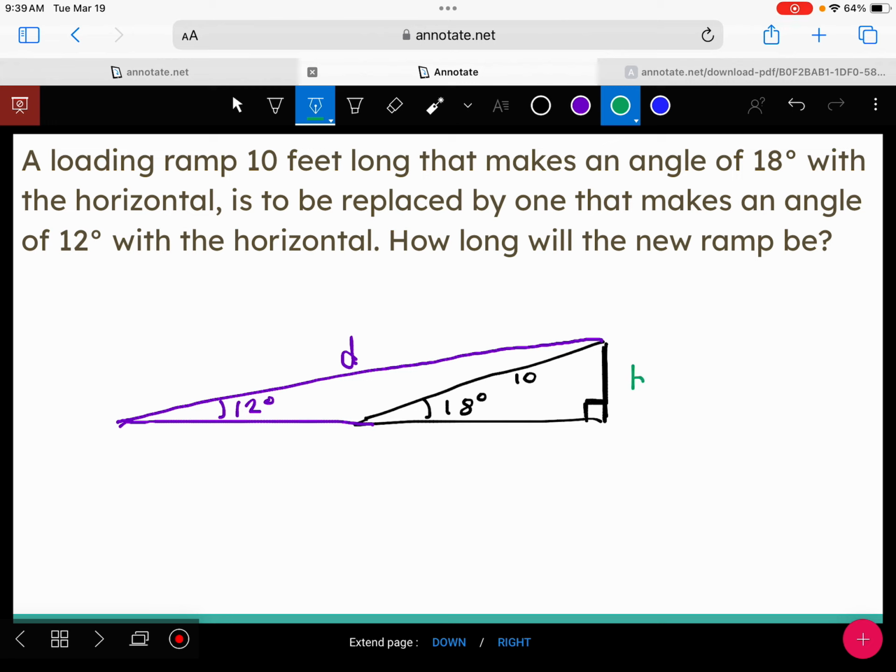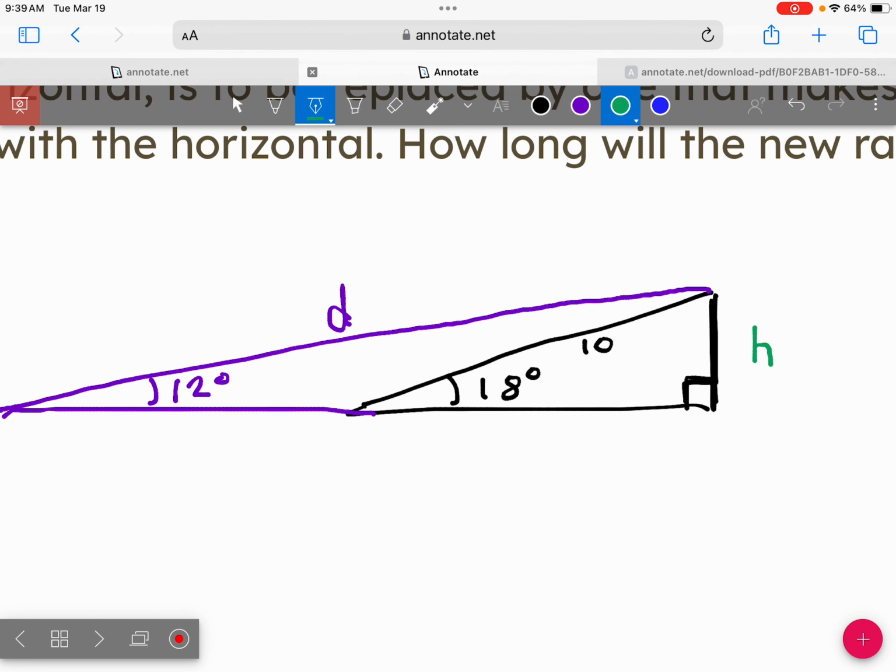So I'm going to label this guy our height. Do we need to know the height of our dock?